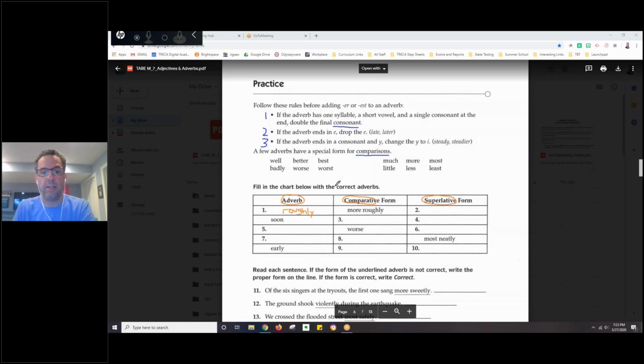He was roughly massaging. Then if you're comparing, it would be more roughly. You are doing it more roughly than she was. So you're only comparing 2 things.